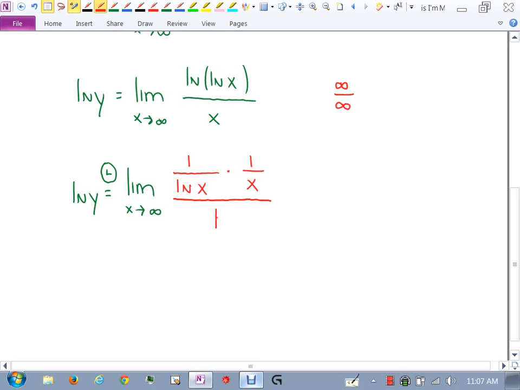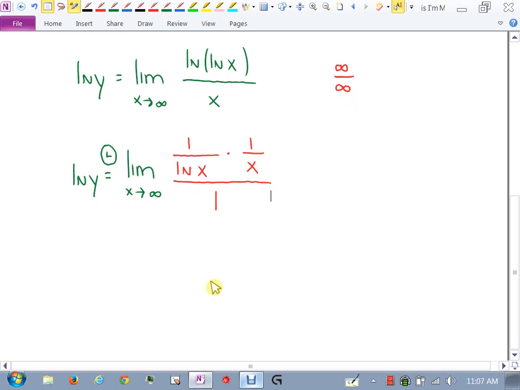Let x go to infinity. 1 over infinity, which is 0, times 1 over infinity, which is 0. 0 times 0 is 0, divided by 1 is 0. So this limit is 0. This looked like 0 divided by 1, which is okay.